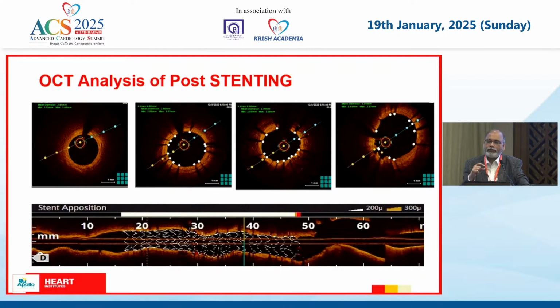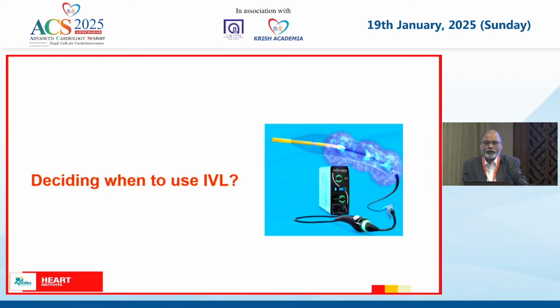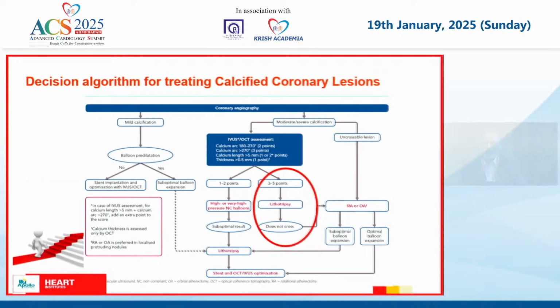The area that was totally occluded or very constricted has expanded well. So these are such cases which can be easily seen on OCT, and the results are good when you do it. Deciding when to use IVL, very clear.